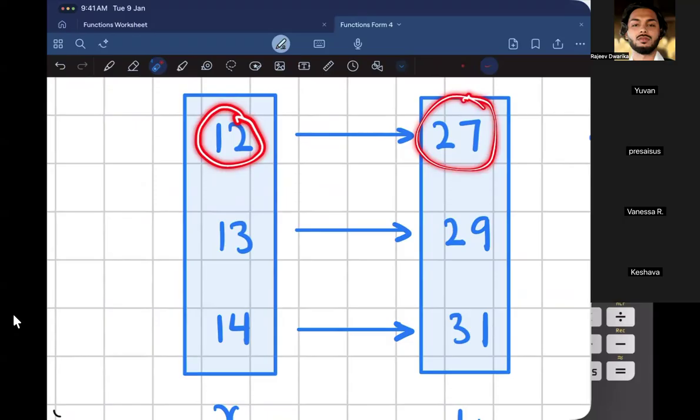Okay, good. So Perseus, think. What can you do with 12 to get 27? Maybe you might have to multiply it by a number and then add. And Jeremiah and Joshua, if any of you are confused, tell me.